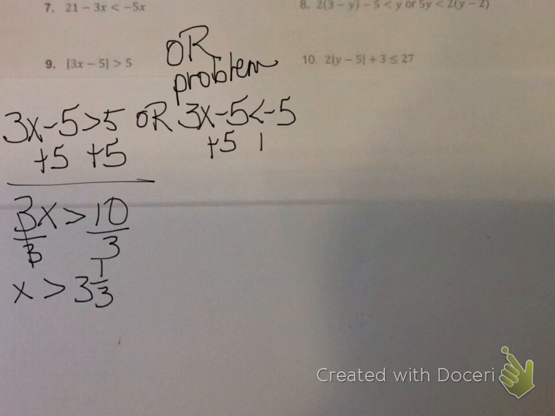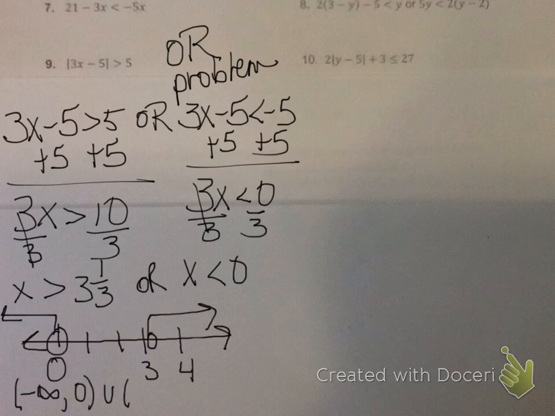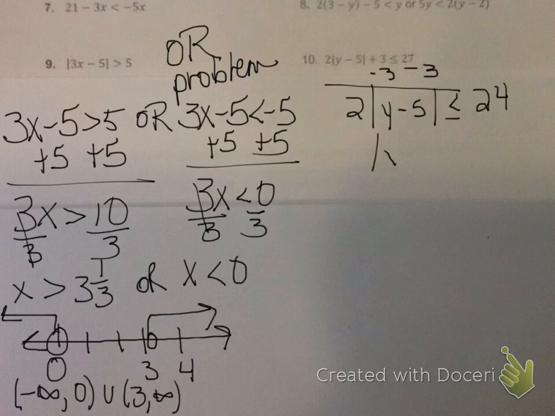Make sure you remember when you have absolute value greater than, it's an OR problem, and the graphs will go in opposite directions, and you have a union for your interval notation.